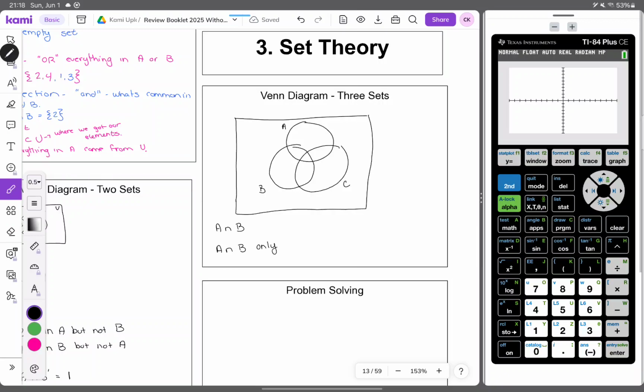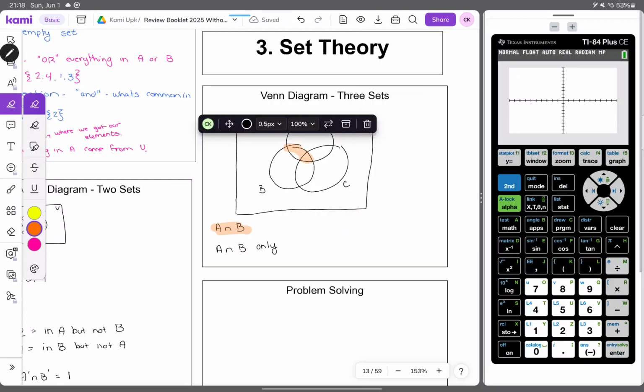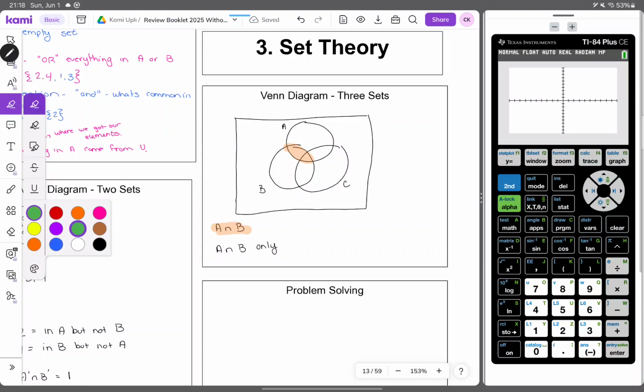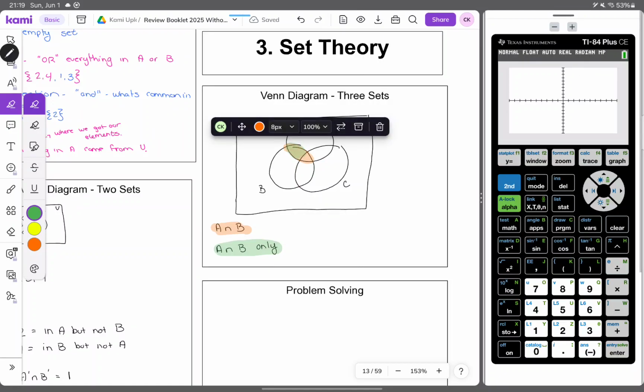Remember that keyword only. If I want A intersect B, that's going to be this whole petal here. I want to be in A and in B at the exact same time. If I want A intersect B only, it means I don't want to be part of C. I just want to be part of A and B. So that would be this part of the petal here. So be aware of that word only and know where you're looking.